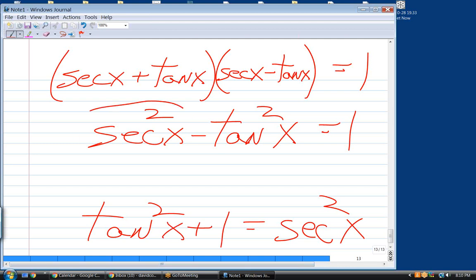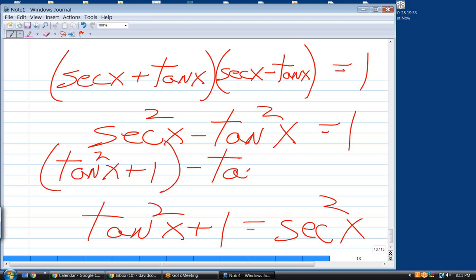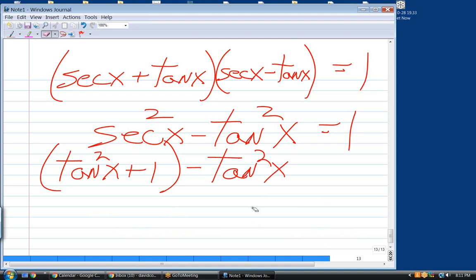I can substitute for secant squared. That's what I meant to do. Okay, secant squared is equal to that. So I'm going to substitute the Pythagorean identity for secant squared. And then I'm going to subtract. Okay, so that was just substituting the Pythagorean identity. Now when you remove the parentheses and subtract, you get 1.